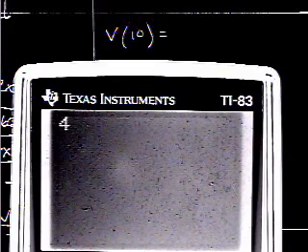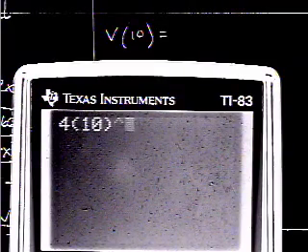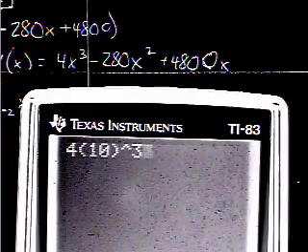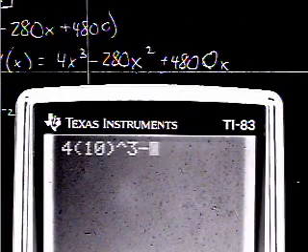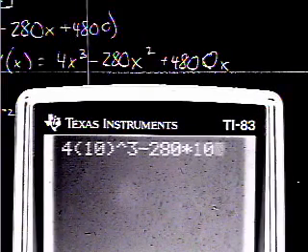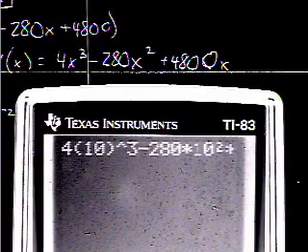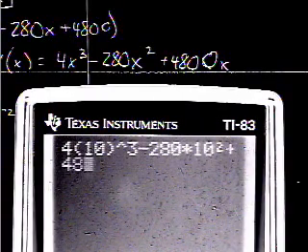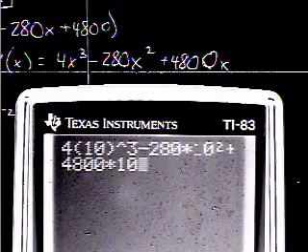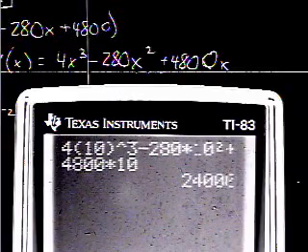So we would take 4 times 10 to the third, minus 280 times 10 squared, plus 4,800 times 10. And so we would get 24,000.